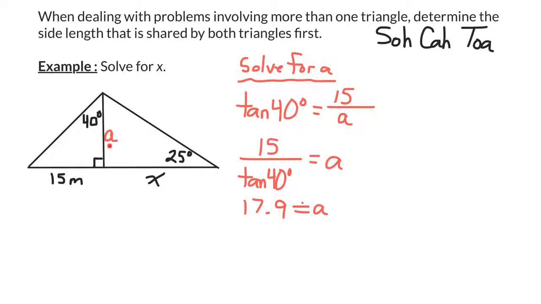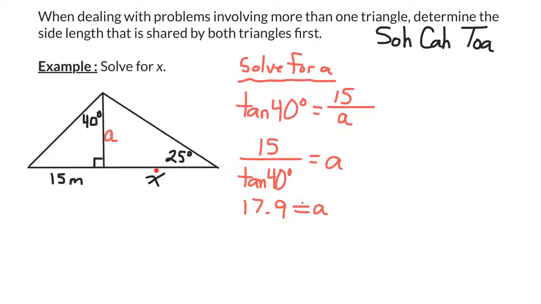Now that I know the length of A, which was my shared side, I have enough information in this triangle to calculate the length of x. If 25 degrees is my reference angle, I now know the opposite side, and I want to find the adjacent side.